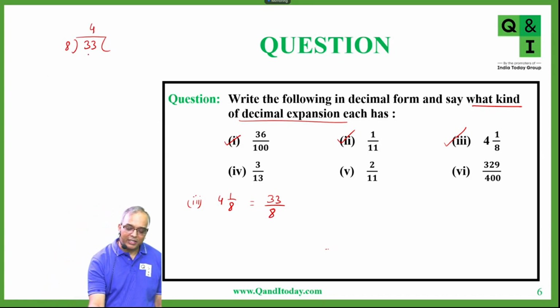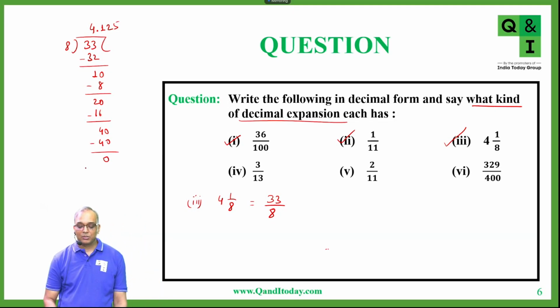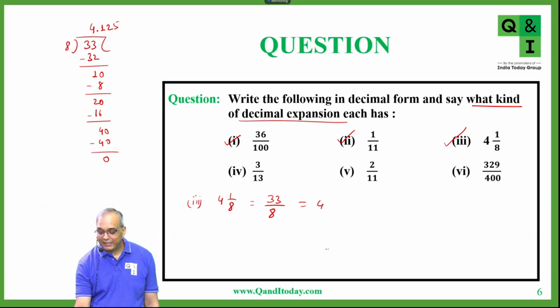So we know 8 4 times is 32. If we subtract, we'll have 1. We can put the decimal point, then 10. 8 times 1 is 8. 20. 8 times 2 is 16. 40. 8 times 5 is 40. So now the remainder becomes 0. So 33 by 8 can be written as 4.125.